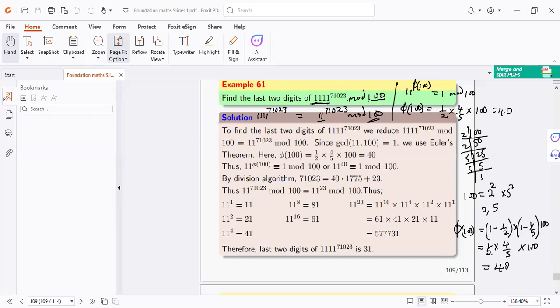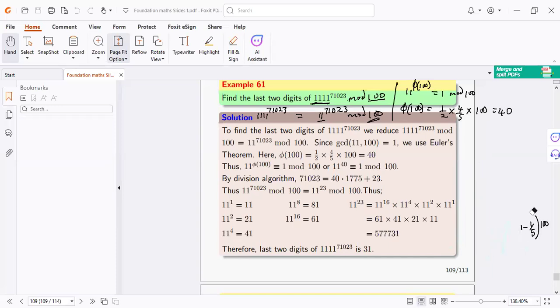So let me now continue from there by just erasing this part a bit. So the Euler phi of 100 is 40.